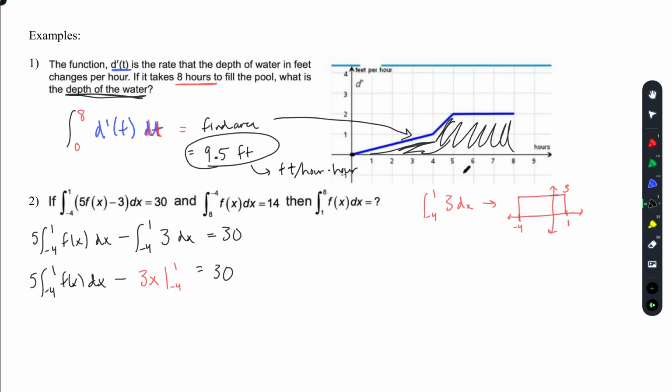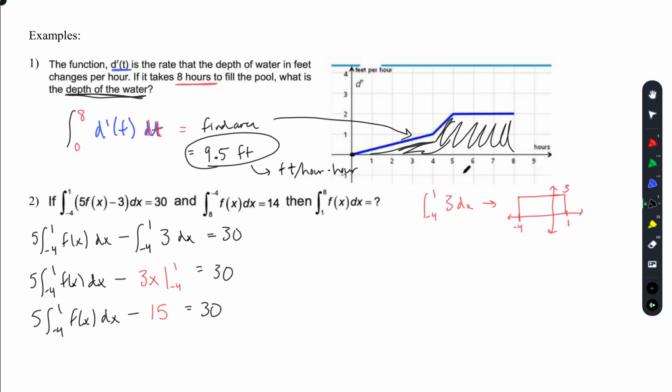Because now what we're going to do is take the integral from negative 4 to 1 of f of x dx minus, and then I got 15 for the answer of that, equals 30. And then anything I solve, I'll add the 15 over to get the values of that.